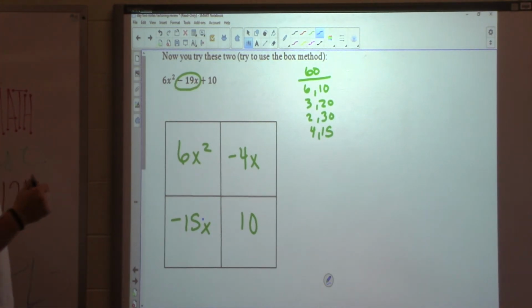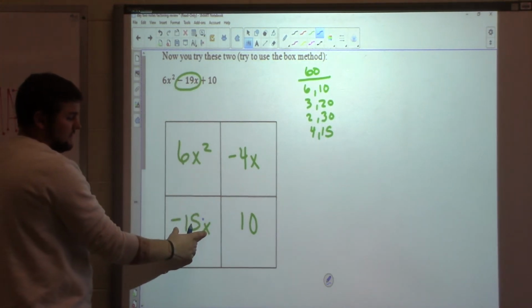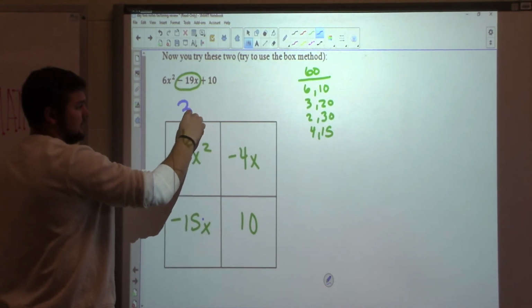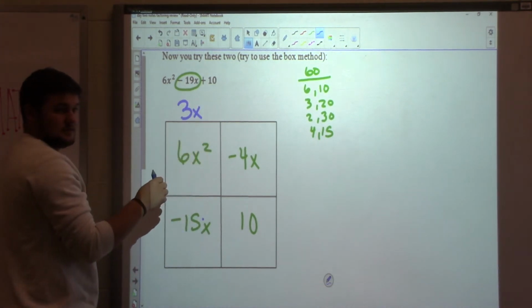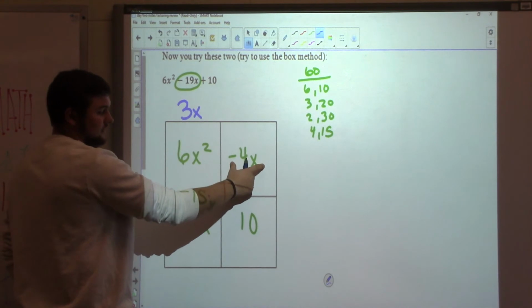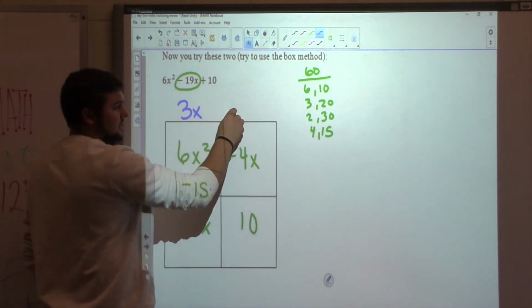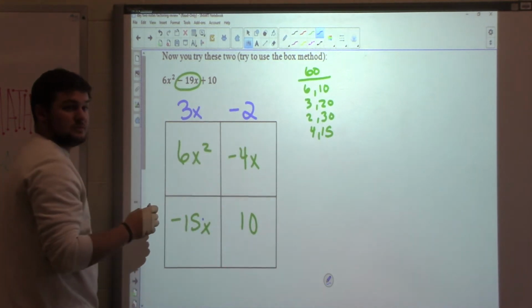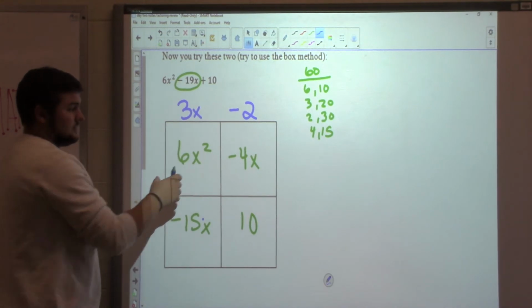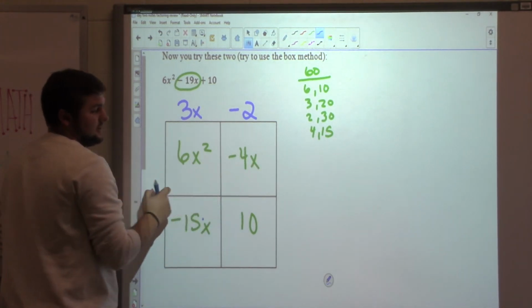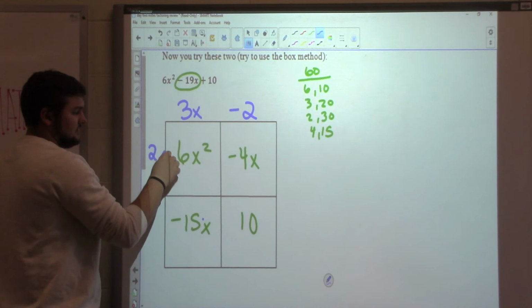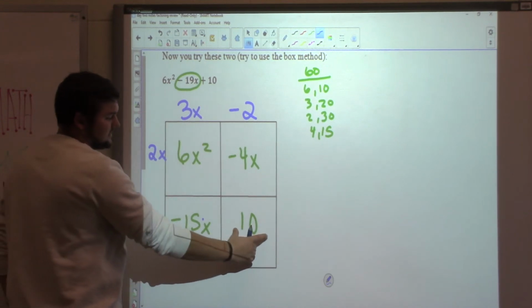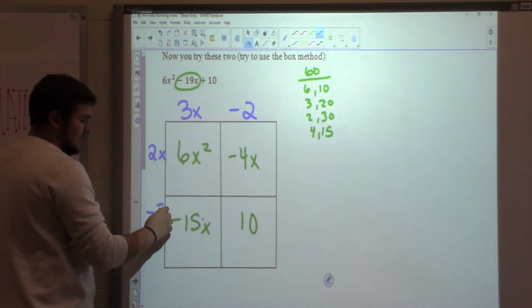Okay? So if I go 6x squared and negative 15x, I'm going to get 3x. But when I do negative 4x and 10, I'm going to get negative 2. 6x squared and negative 4x is giving me 2x. Negative 15x and 10 is going to give me negative 5.